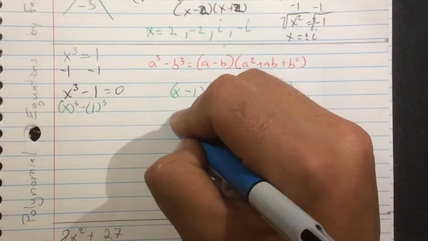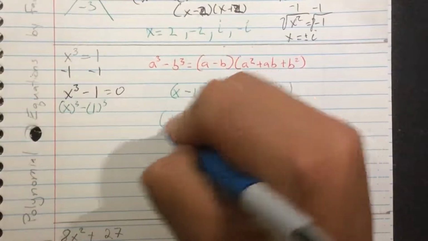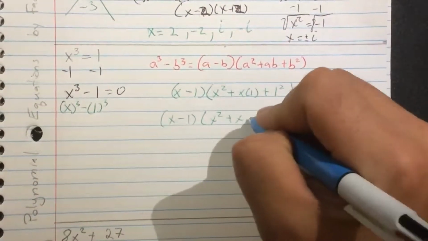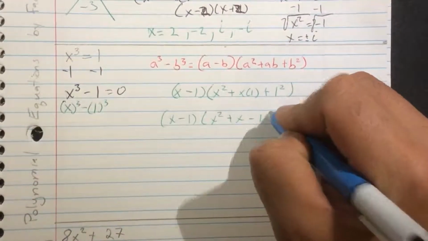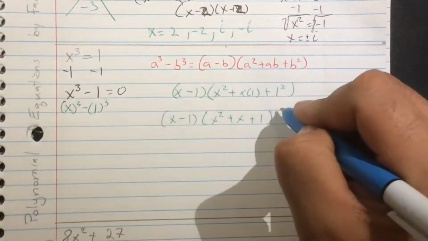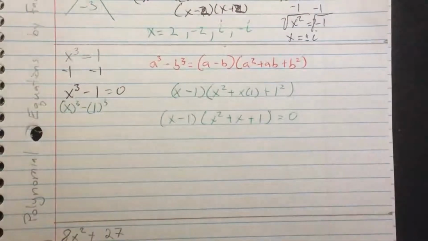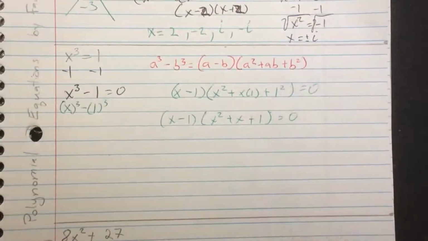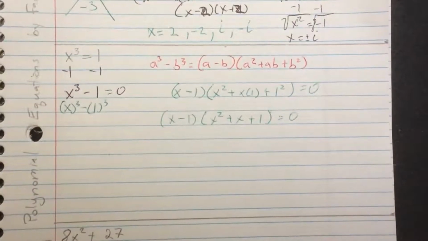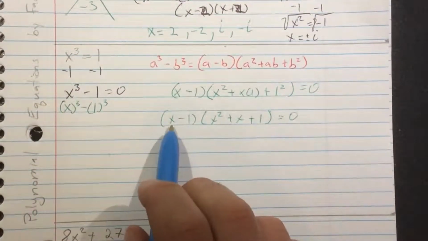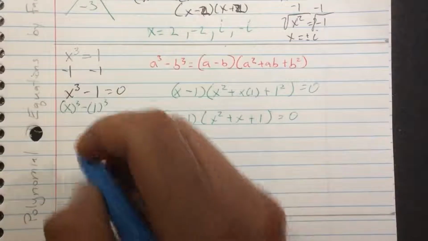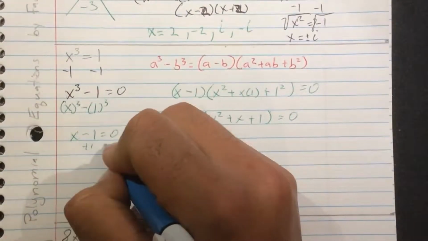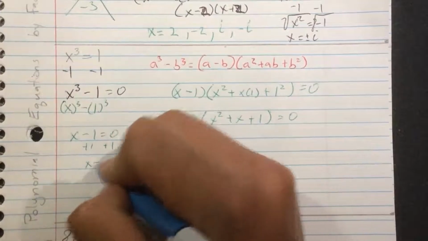When we simplify, this is just (x minus 1) times (x squared plus x plus 1) equals 0. Now this one already can be solved. We have x minus 1 equals 0. Add 1 to both sides, and we have x is equal to 1.